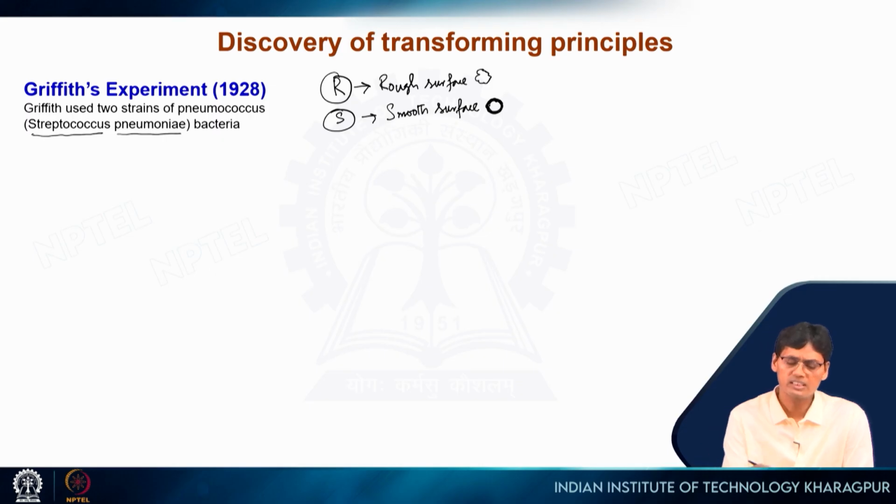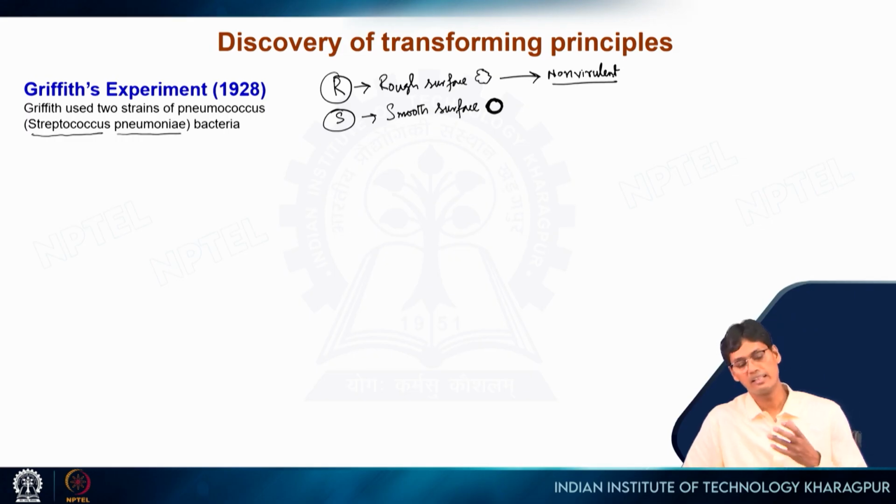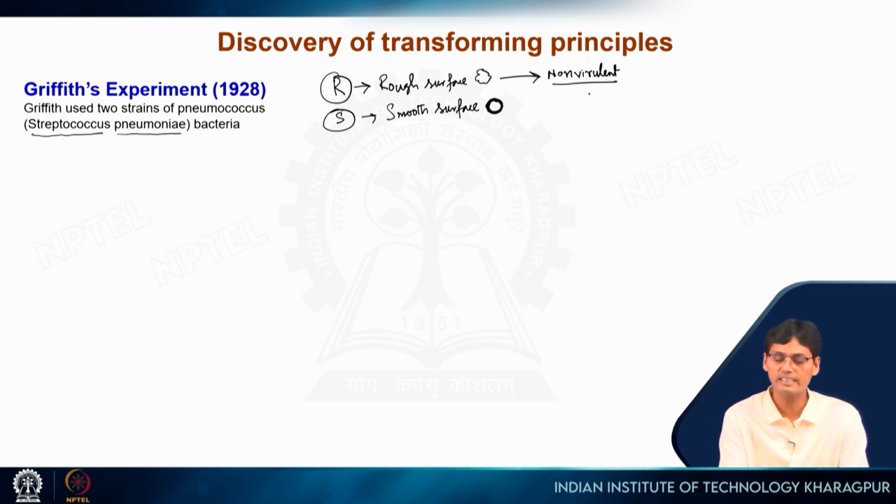Now, this R strain of bacteria is non-virulent. Non-virulent means it cannot cause disease. For example, if we inject this rough surface, non-virulent strain into a mouse, the mouse will survive and not die. The smooth surface S type bacteria, however, are virulent.